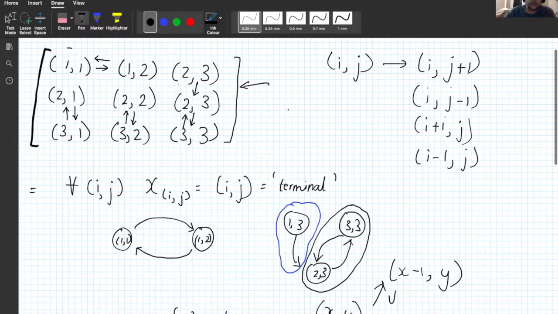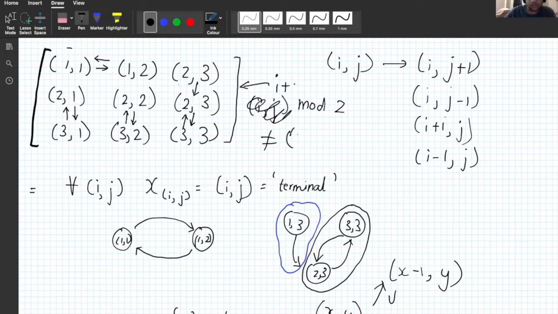In either case, note that i plus j modulo 2 is not equal to x plus y modulo 2, let's call the other cell xy.